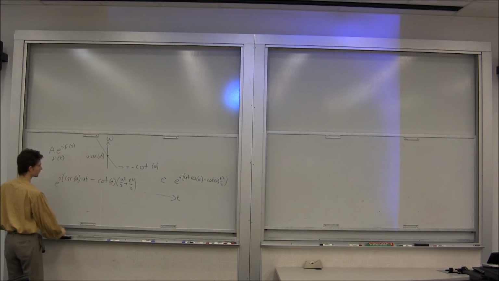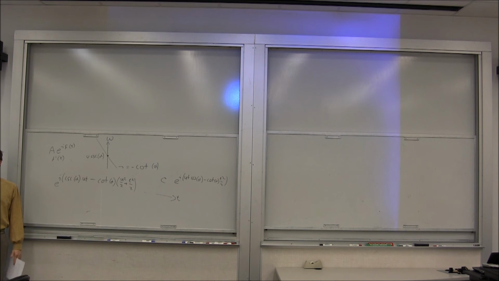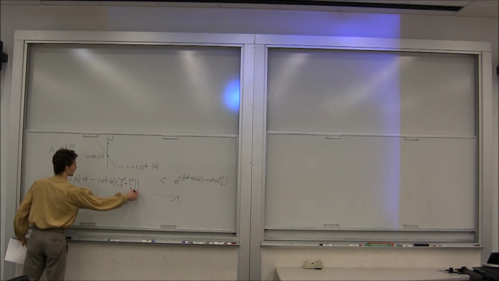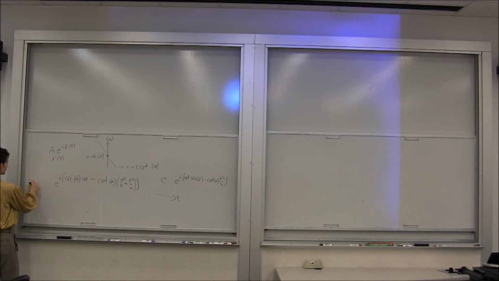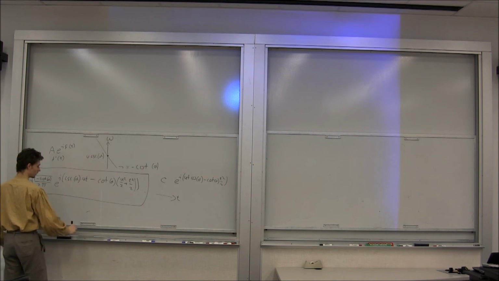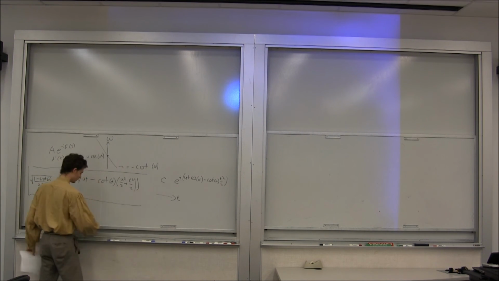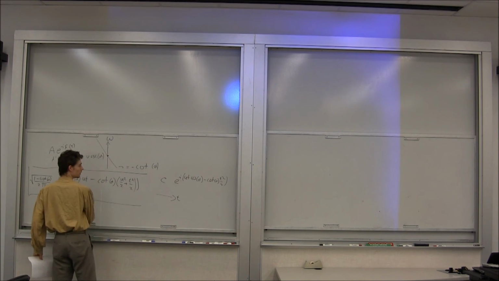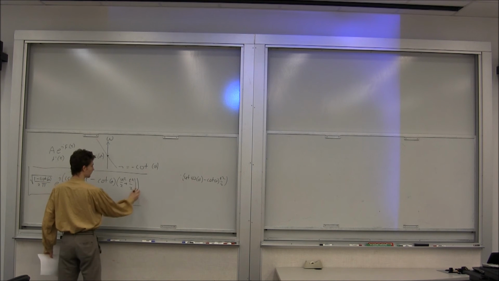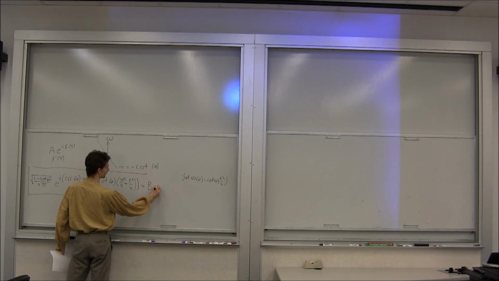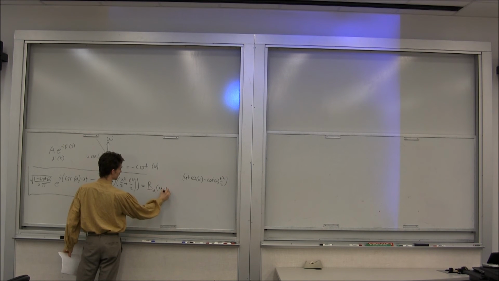And then in front of this, the constant that makes it a unitary transformation and gives us the right phase so that it converges to a real delta function as alpha approaches 0. We have a factor of the square root of 1 minus i cotangent alpha over 2 pi. So this is the kernel of the fractional Fourier transform. We can call this B sub alpha of u t.